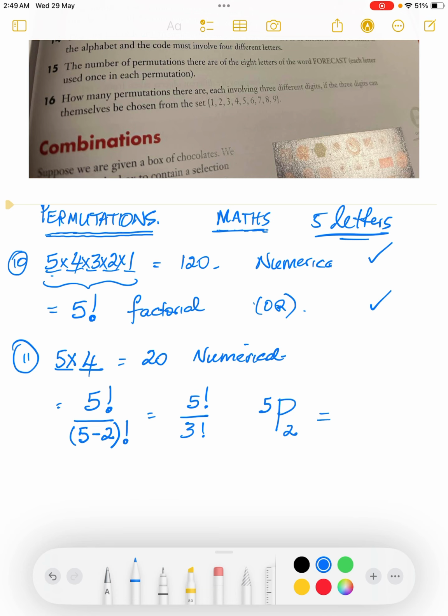5P2 is also 20, and 5P2 means from 5, get how many permutations where we get 2 at a time, and it's 5 factorial over 5 minus that 2 under there, which is 5 factorial over 3 factorial. I'll just show you what 5 factorial looks like.